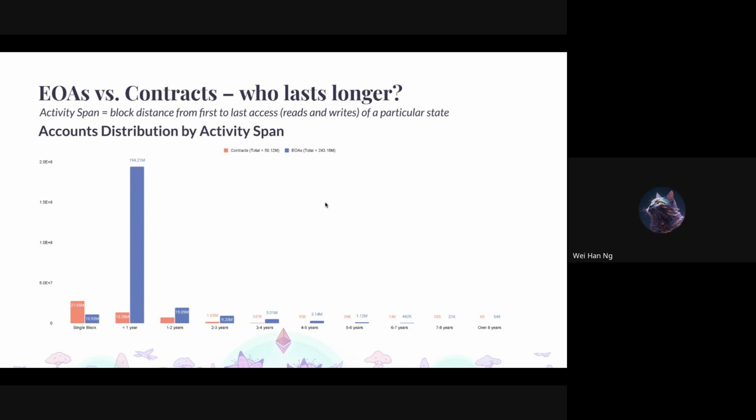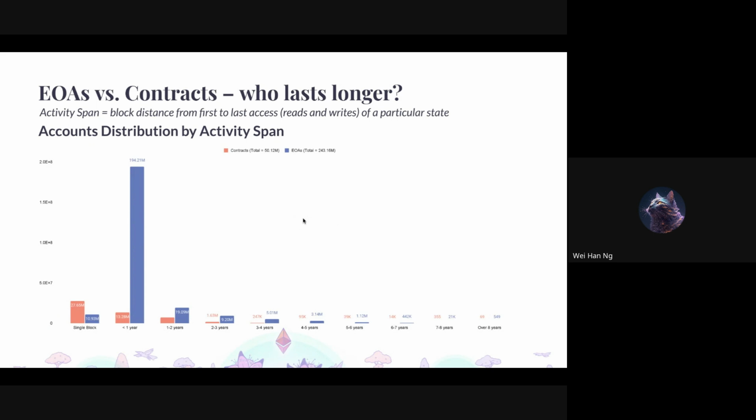Access here means on-chain reads and on-chain writes, so SSTORE and SLOAD for storage slots, and for accounts that would be balance, nonce, and code. If the activity span is 0, it means that a state, or let's say an account, was first seen and last seen in the same block. We actually see a lot of these accounts and storage slots in the next few slides.